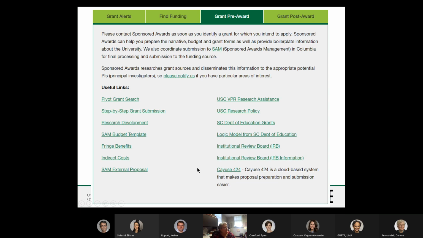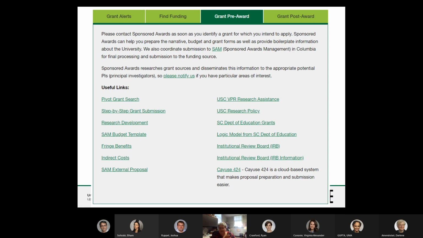Cayuse 424 is something that the university started using a few years ago. They're not pushing it in Columbia the way they were. It seems to work best with National Science Foundation and National Institutes of Health, so if you do find yourself applying to those, it might be worth looking.